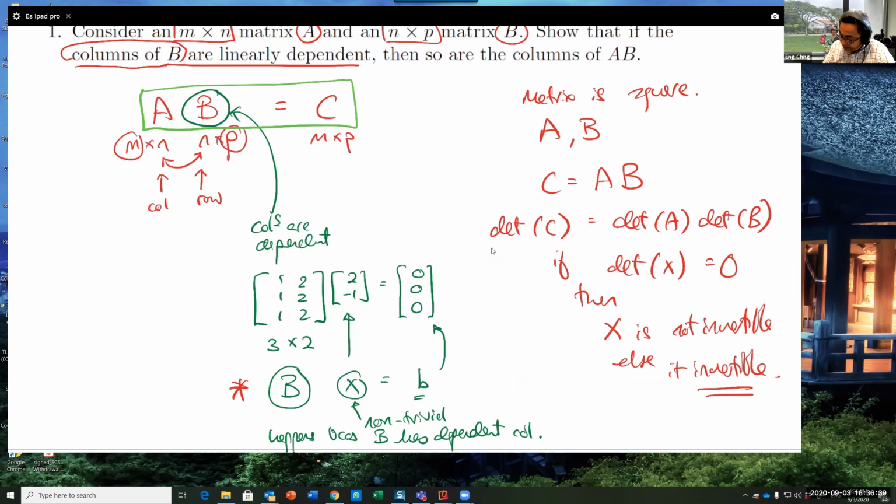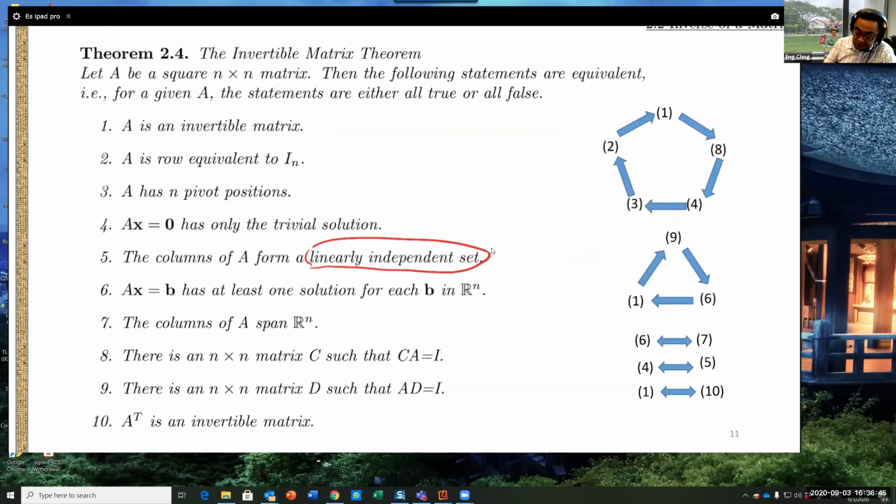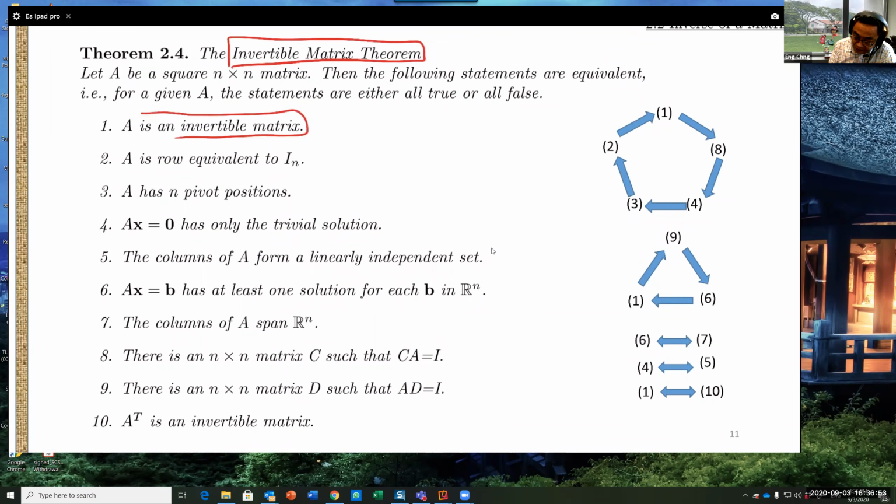And when a matrix is said to be invertible, so that's the first line here, the matrix A is invertible, then all these things are true. So in fact, the question was whether this is true.